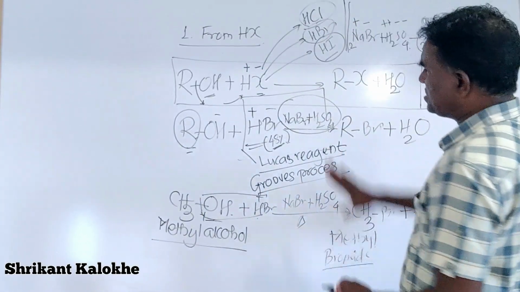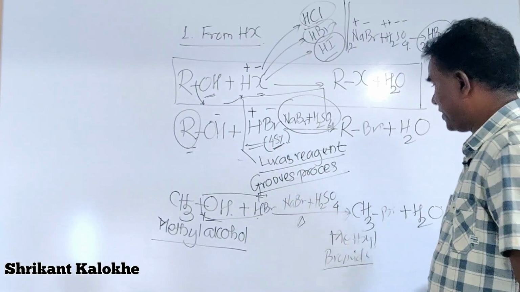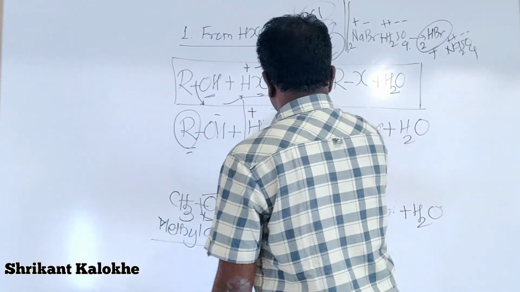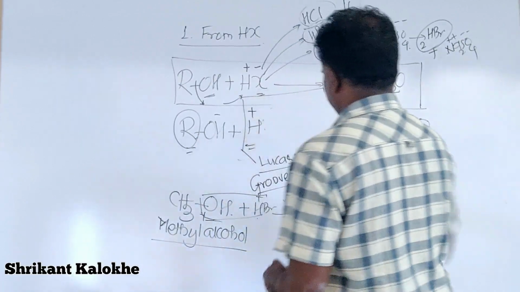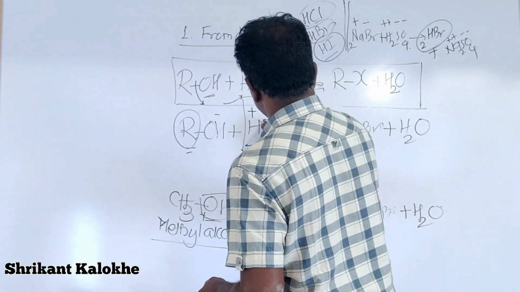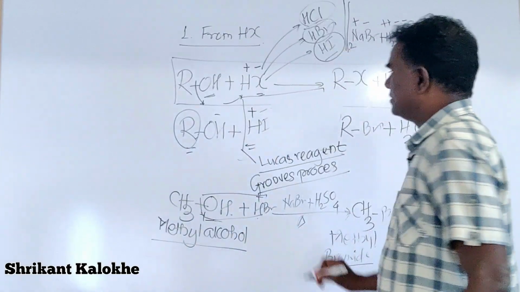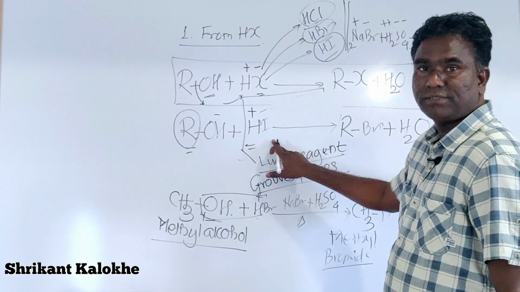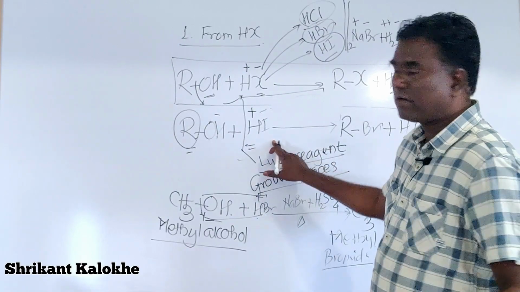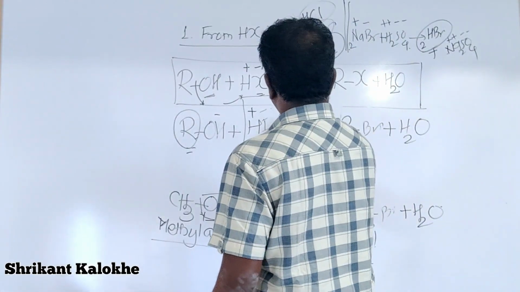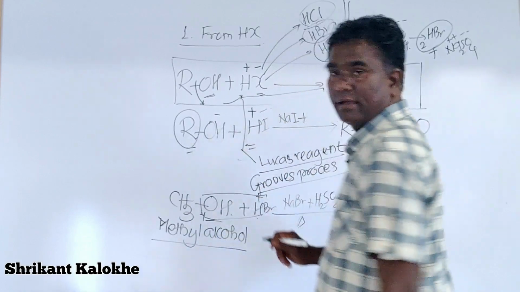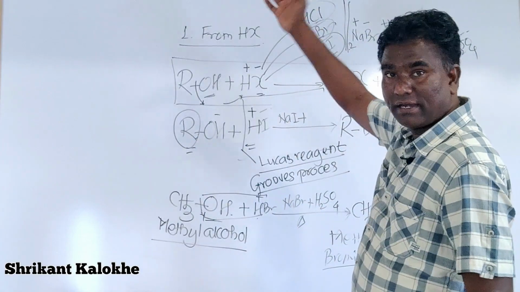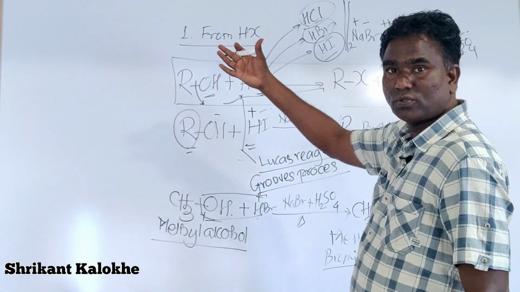Then the third possibility is HI. What if you just have to replace this bromide by iodide? If it is H plus I minus, then how does this come? This will come from the mixture of NaI, again a sodium salt, like sodium bromide was also a sodium salt.